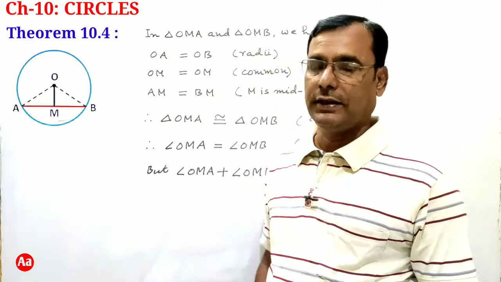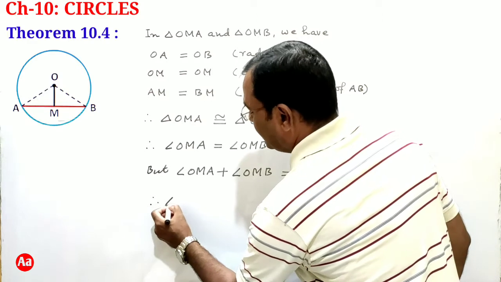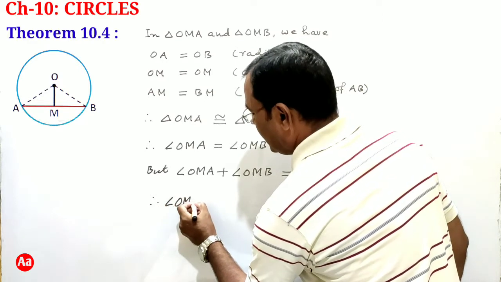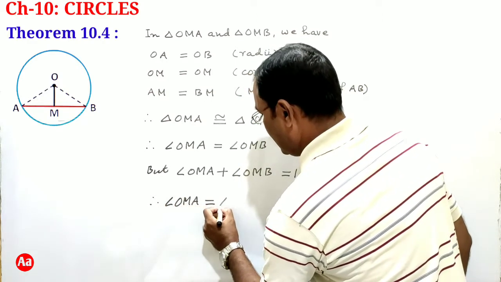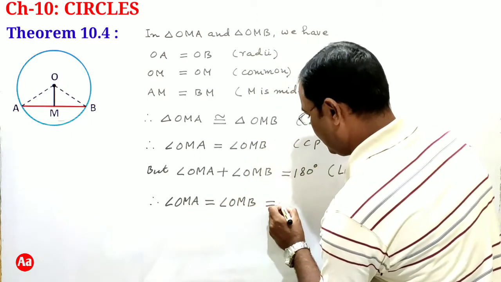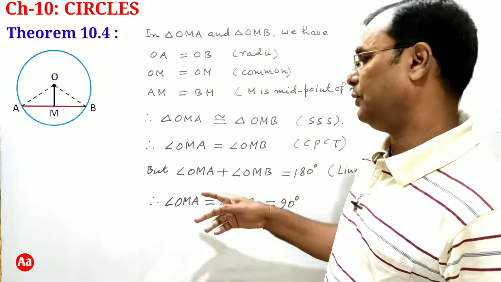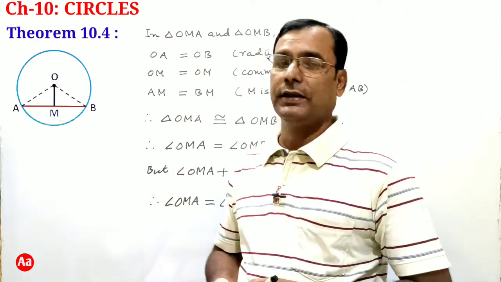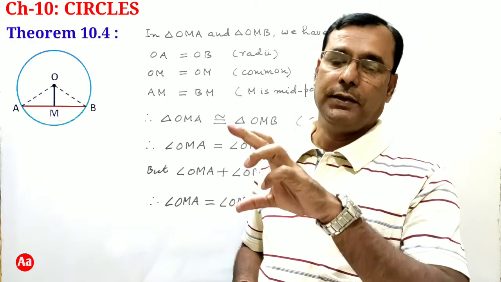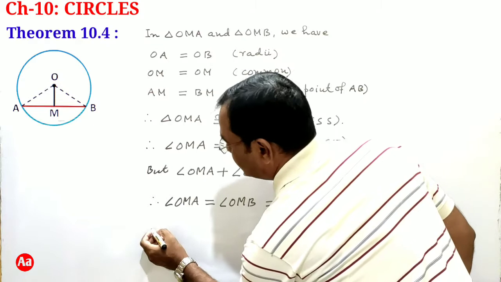Therefore, we can conclude that angle OMA and angle OMB is equal to 90 degrees each. Angle OMA is 90 degrees, that means OM is perpendicular to the chord AB.